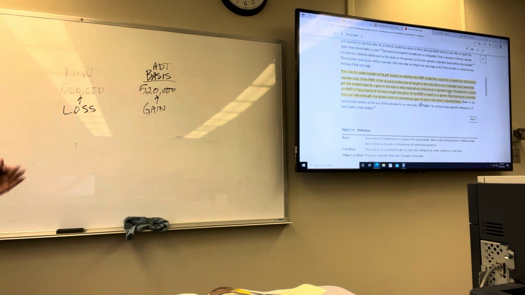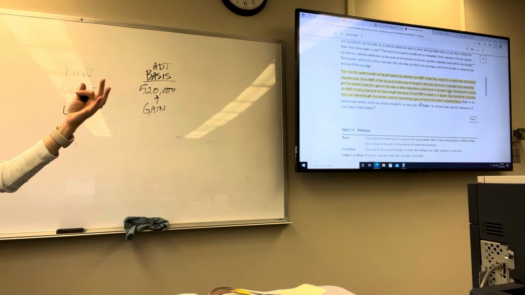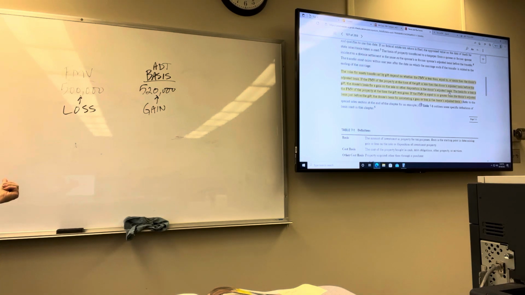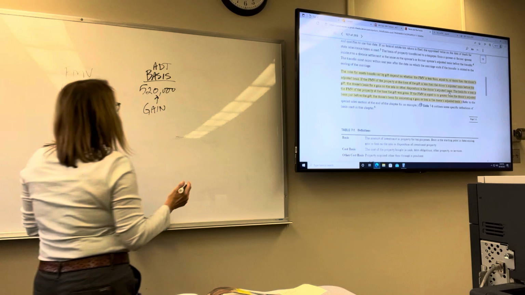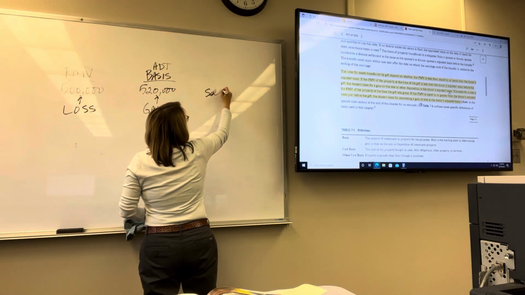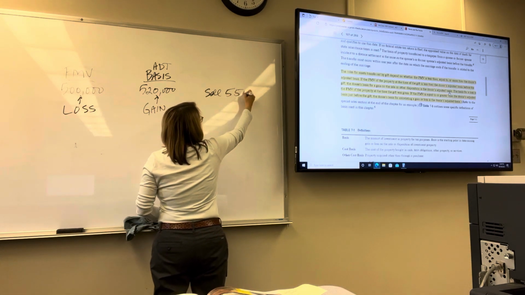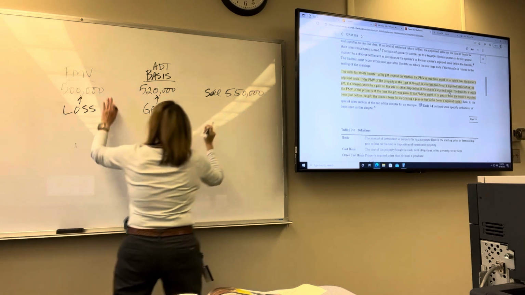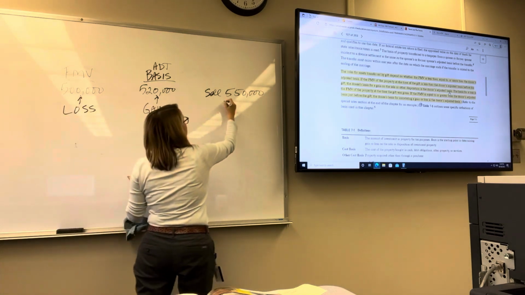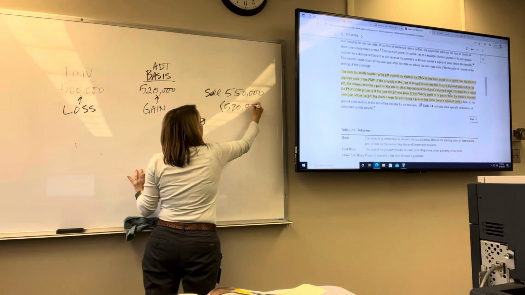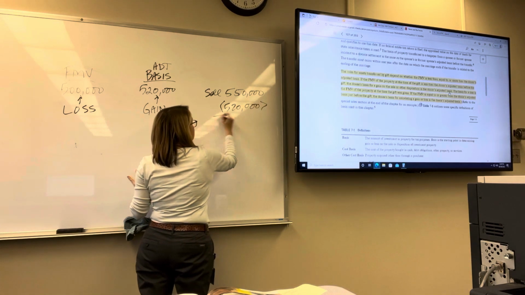Essentially what that does is it decreases gains, but it also decreases losses. So if we end up selling it for $550,000, we have a gain, so we're going to use $520 as our adjusted basis.